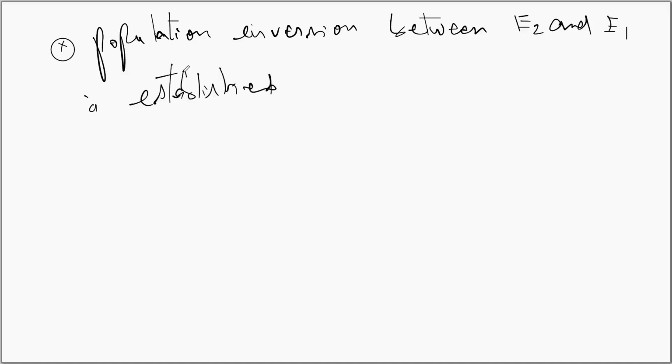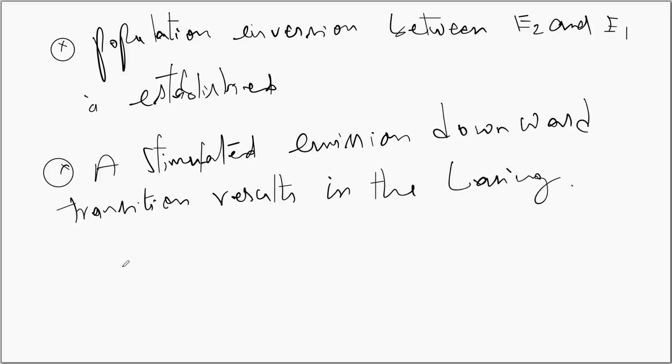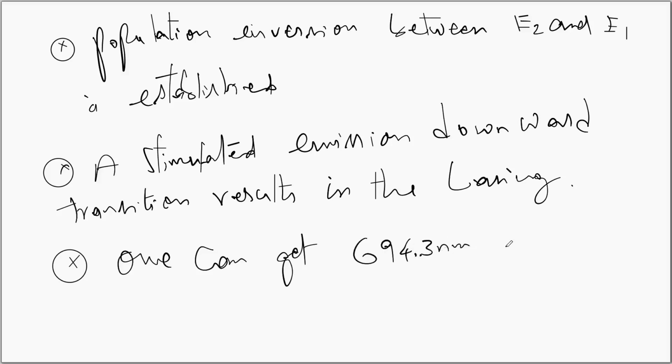A stimulated emission downward transition results in lasing. One can get 694.3 nanometer and 692.7 nanometer radiation.